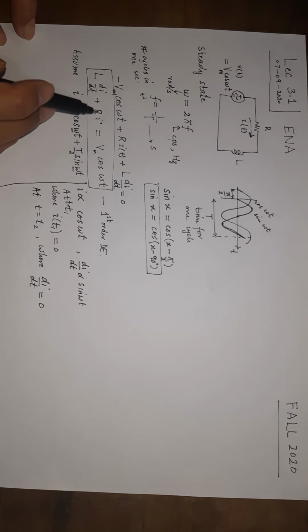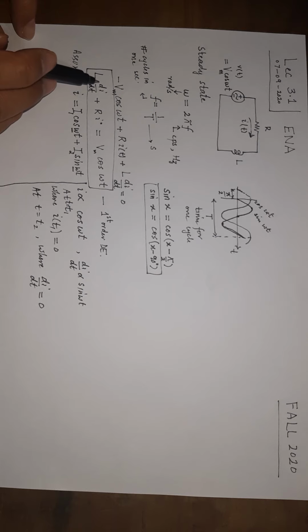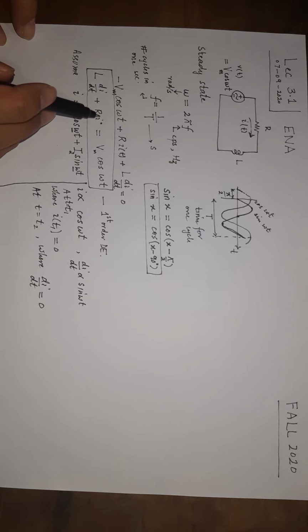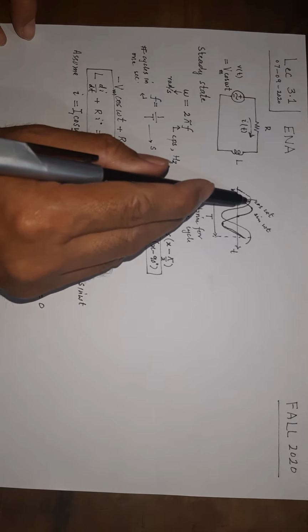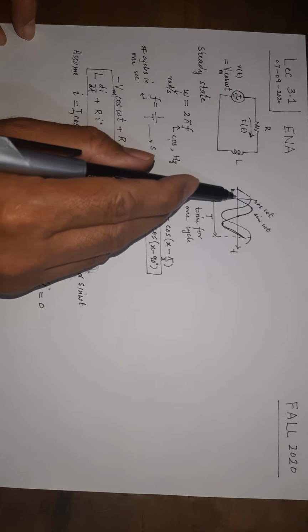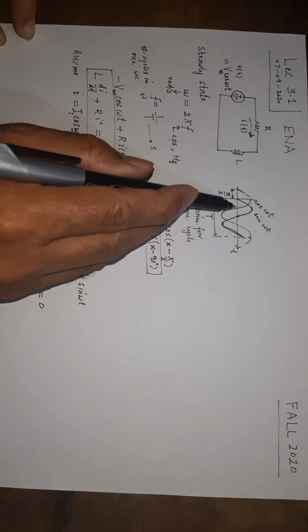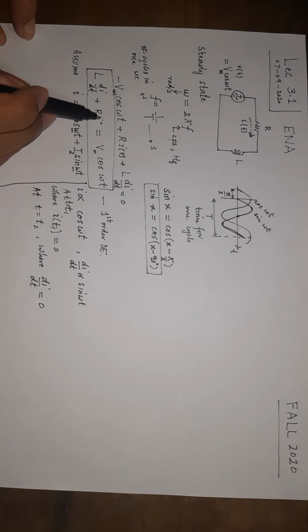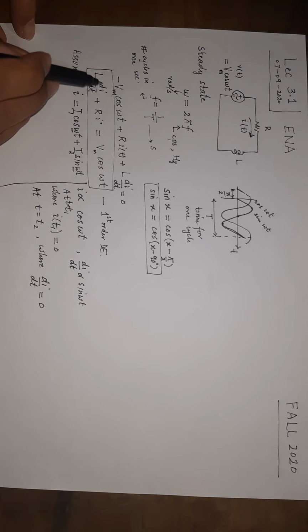So if this term is a sine, the derivative of sine is a cosine. If this term is a cosine, the derivative is a negative sine. And we know that when cosine peaks, the sine is 0. When the sine peaks, cosine is 0. So when this term, at that instant of time, is 0, this is the term.